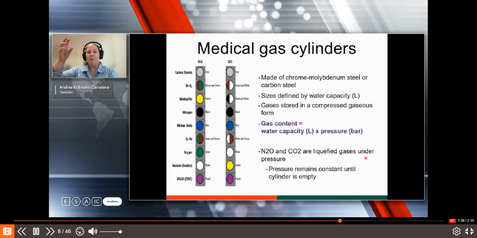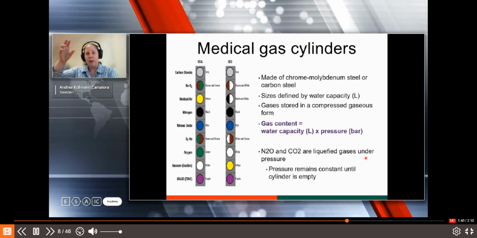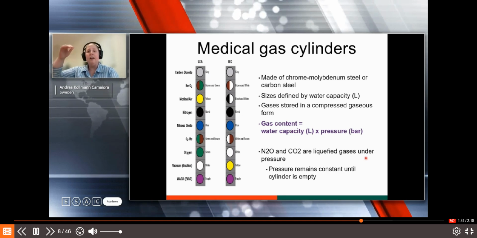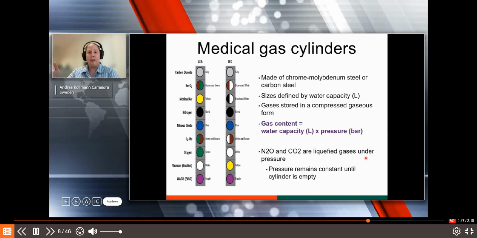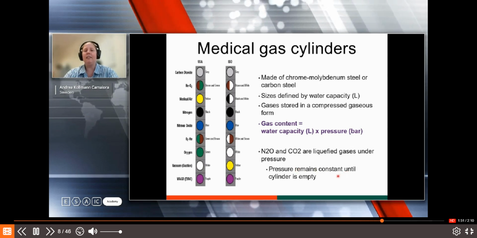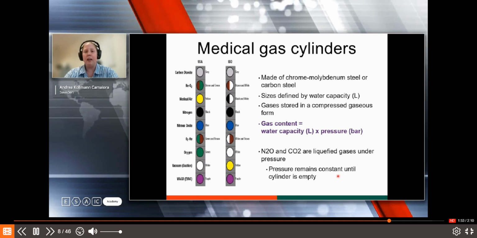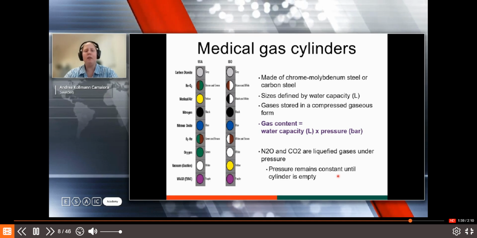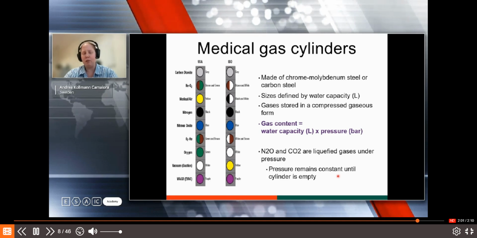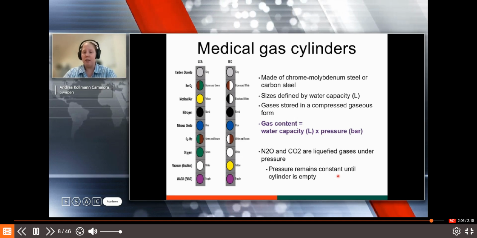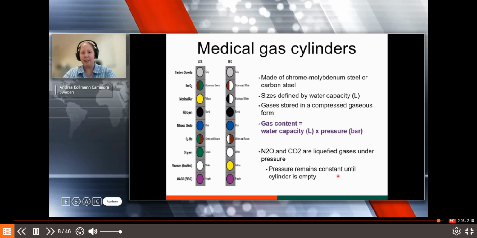So it doesn't matter what pressure it's showing because it will always show maximum pressure because it's always gasified until there's nothing left. So the pressure remains constant until the cylinder is empty. And to know the capacity, you need to weigh them. That's the way. So in the exam, if they ask you about N2O and CO2, they're probably asking you about that. You know that you need to weigh the cylinders in order to know their gas content.